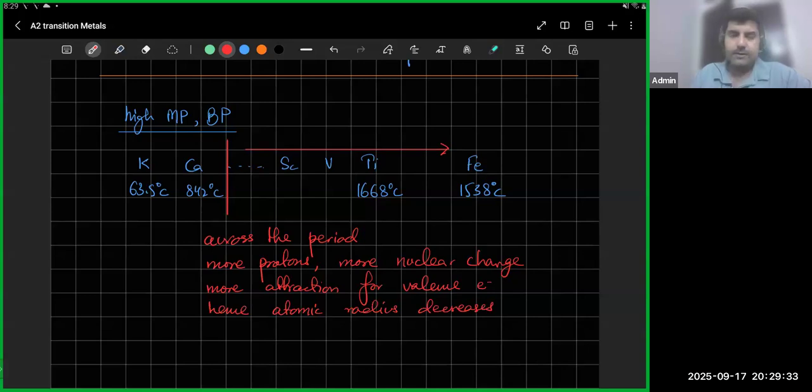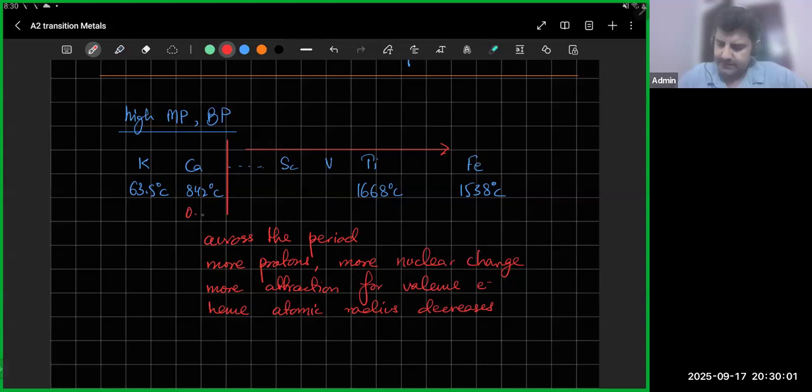And so if I talk about the atomic radius, there's going to be a significant difference between the atomic radius of calcium with respect to, let's say, iron. So calcium's atomic radius, and let's talk about atomic radius alone, that's around 0.197 nanometers, right?